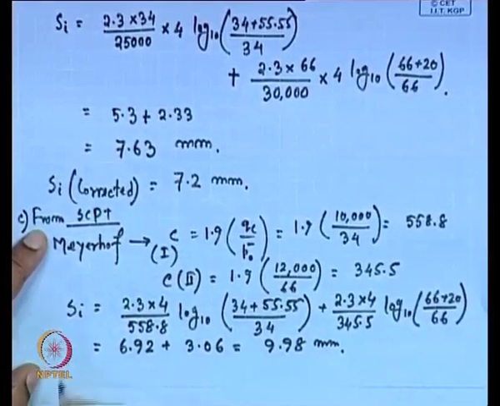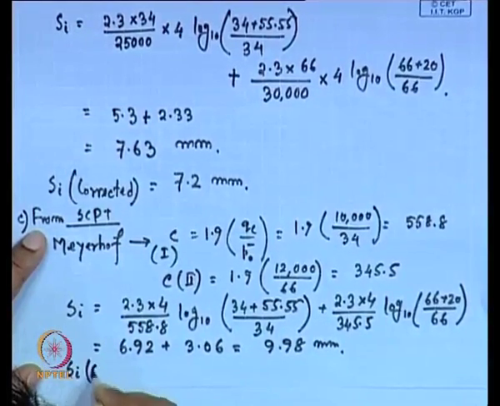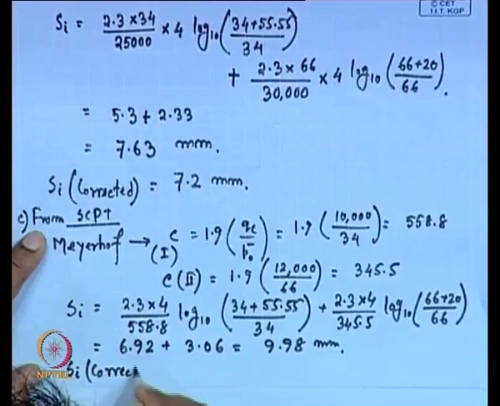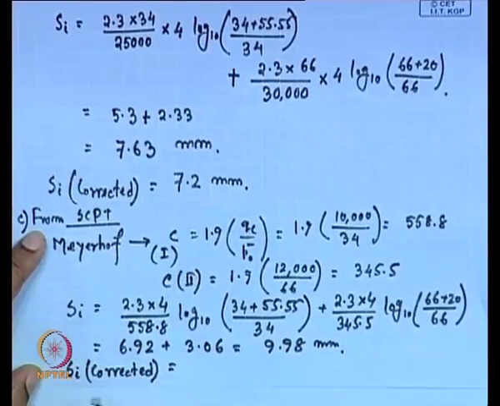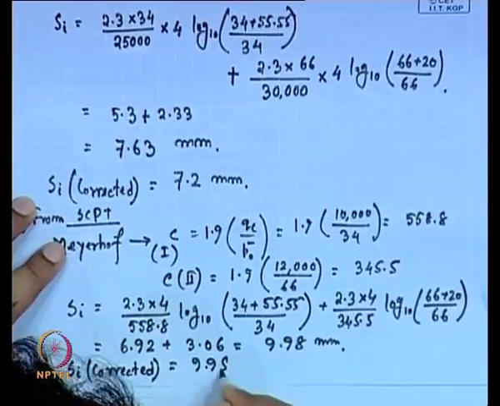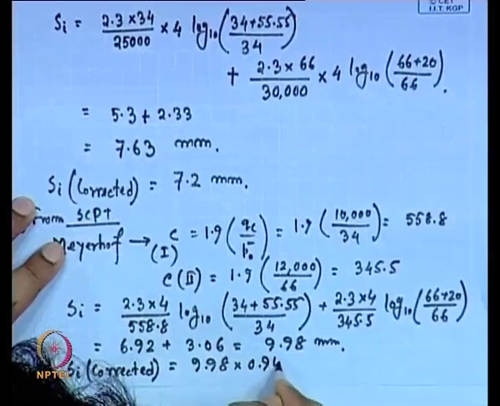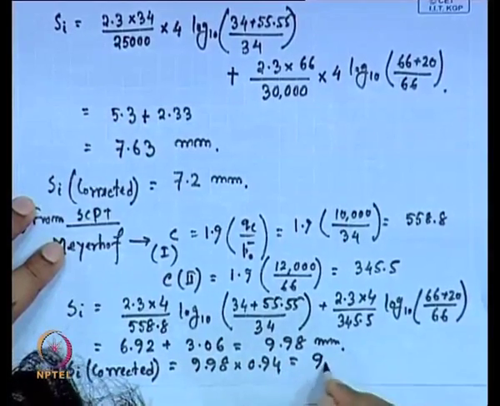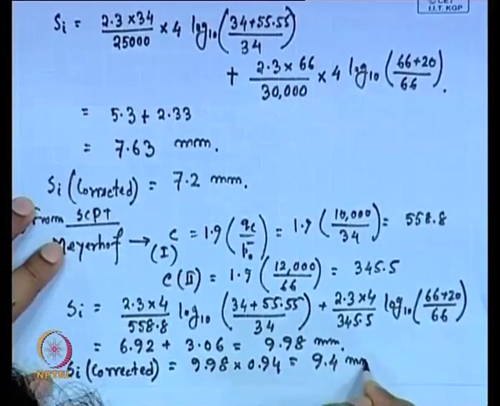After corrections, if I multiply the depth correction factor, that is 0.94, so this is 9.98 into 0.94. This is around 9.4 millimeter.